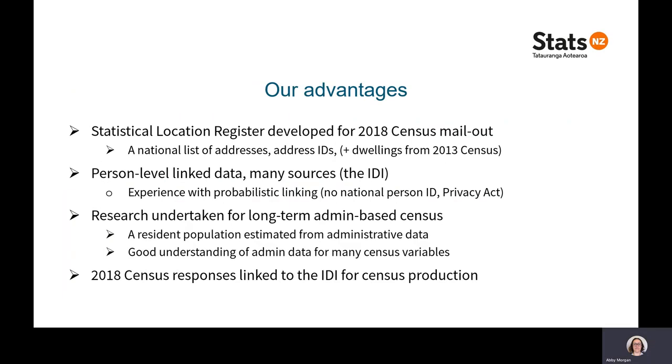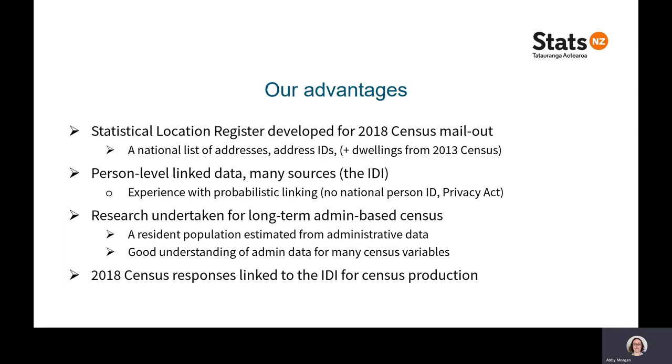So this innovative approach was made possible because of the advantages available to us leveraging off previous work. We have the Statistical Location Register, which is a national list of addresses with unique address IDs, along with an environment for address coding additional sources to this list.